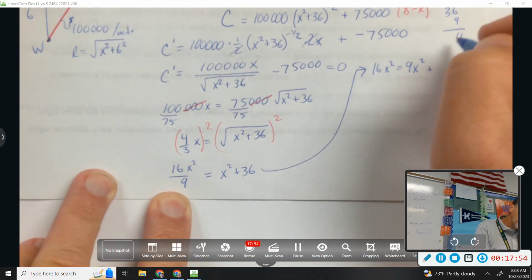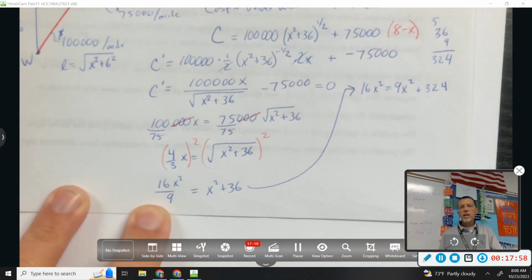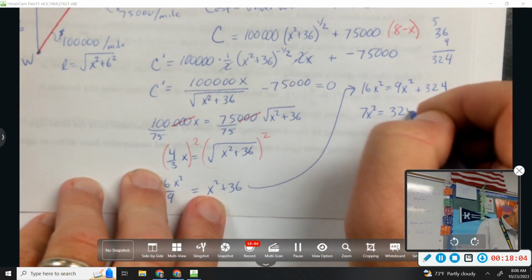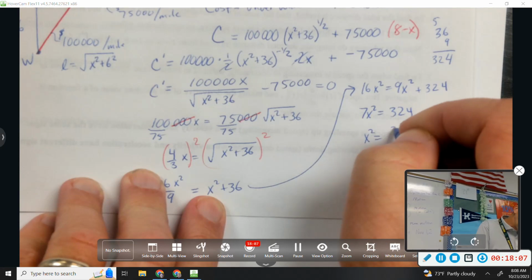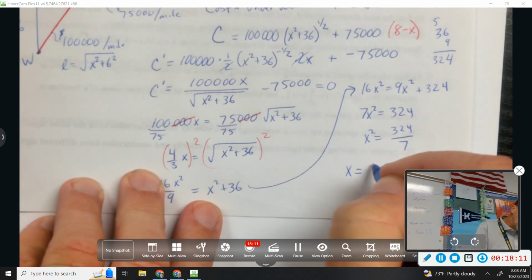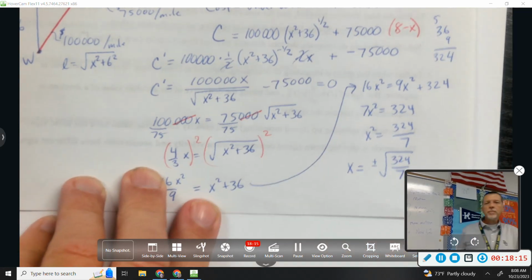Get rid of 5. Alright, we're almost there. 7x squared equals 324. X squared equals 324 over 7. Plus or minus square root of 324 over 7.